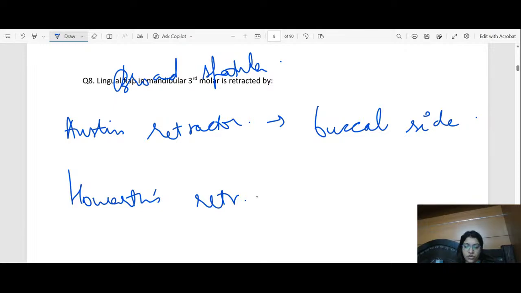Greenwood et al. showed that a broad lingual retractor, as compared to the Howard's retractor, was much less likely to be associated with a sensory loss.